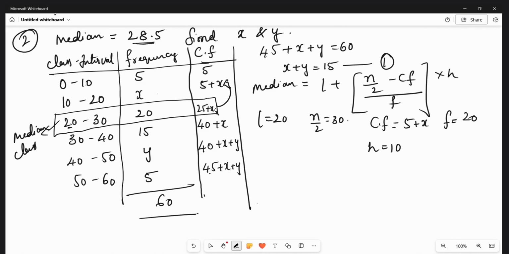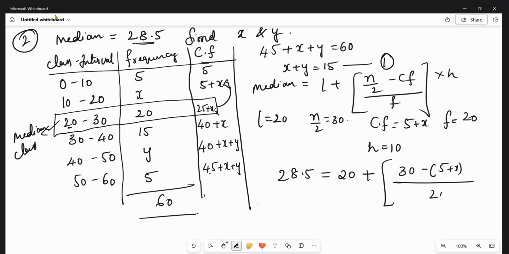The median value they have given is 28.5. Now this is equal to L, that is 20, plus n by 2 is 30, minus of CF, that is 5 plus x. This minus is for both, don't take minus 5 plus x, take minus of 5 plus x. Divided by f, that is 20, and h, it is 10.